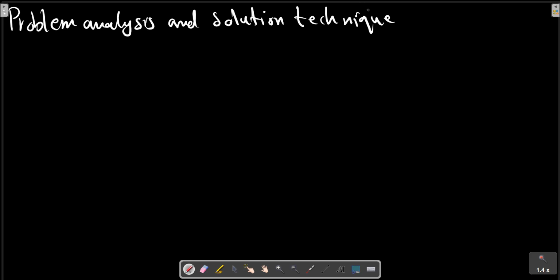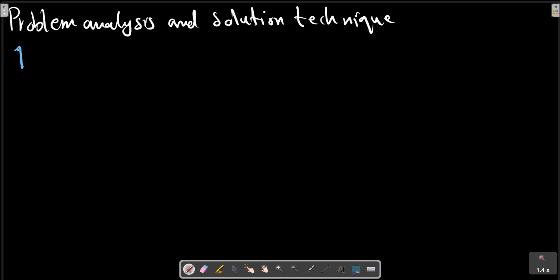Our problem analysis and solution technique is contained within the framework of the following questions that must be answered in the process of an ordinary solution of a thermodynamics problem.